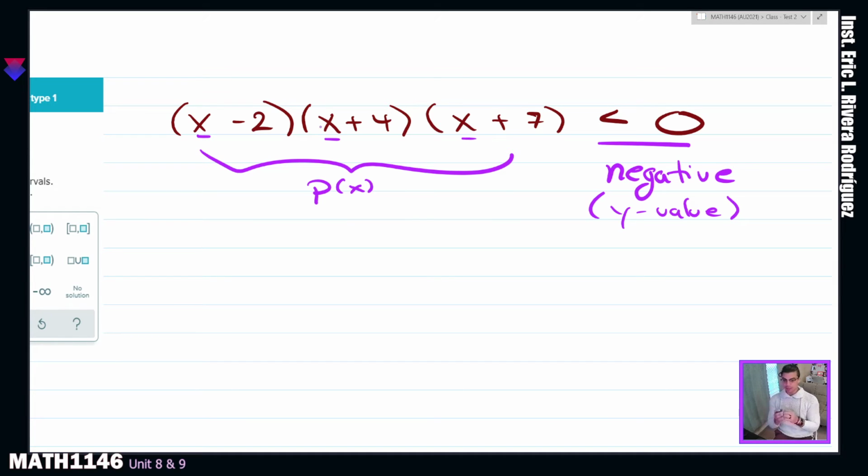If we have the factored form initially in the inequality, then the exercise is going to be easier, because we don't need to transform the standard form to factored form, okay? Some exercises are going to give you the polynomial in its standard form, right?